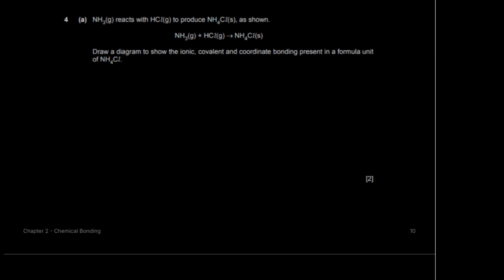That's crazy. NH3 reacts with HCl to produce NH4Cl. Now it's saying draw a diagram to show the ionic, covalent and coordinate, also known as dative, bond present in the formula unit of NH4Cl. Now you know that when the ammonium ion forms, how does it form? Well, you had NH3 already, that looks something like this.